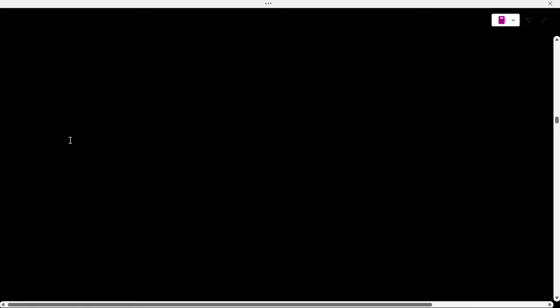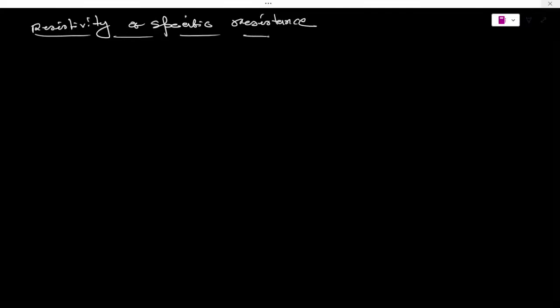Now, the resistivity or specific resistance. What is resistivity?